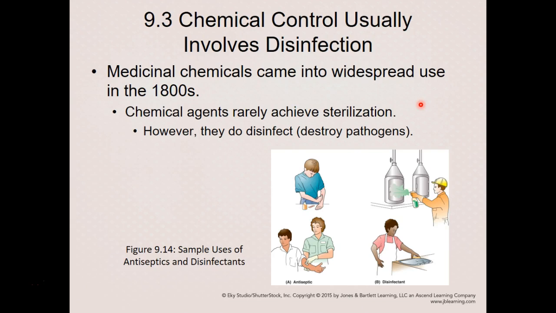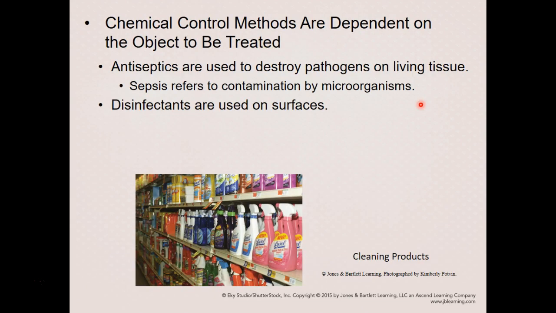But now that we know, we use chemicals, and the environment we're in will determine the type of chemicals we use. Antiseptics are used to destroy pathogens or microbes on living tissue, whereas disinfectants are used to destroy pathogens or microbes on non-living surfaces.